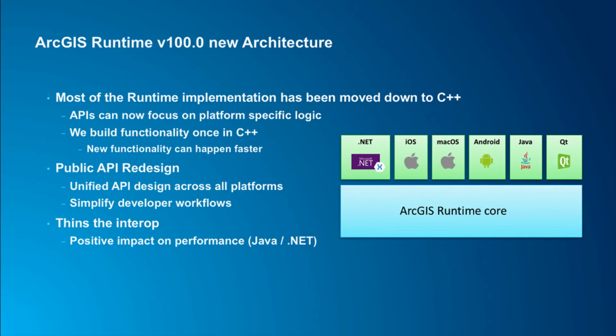So we've moved everything down into C++. That allows us to build functionality once, and then APIs just basically bind on top of that, and they can focus more on the things that are specific to the API, .NET framework stuff or whatever it is. And this leads ultimately to allowing us to build functionality faster.